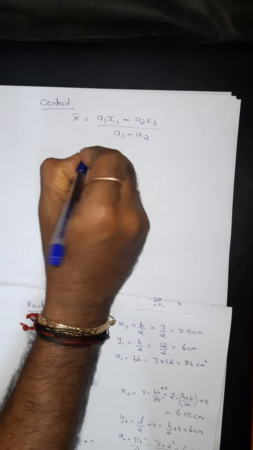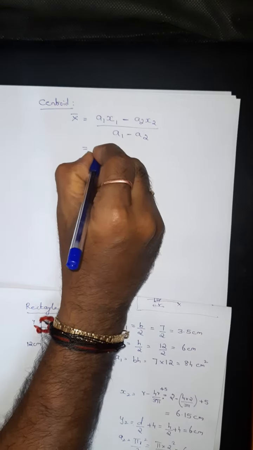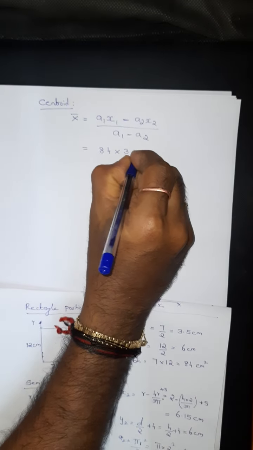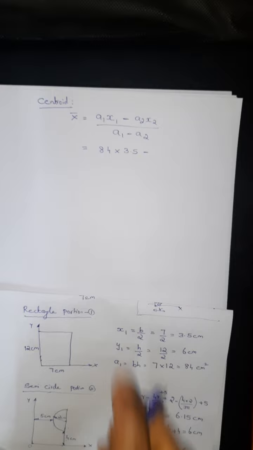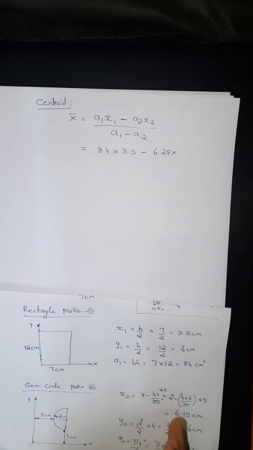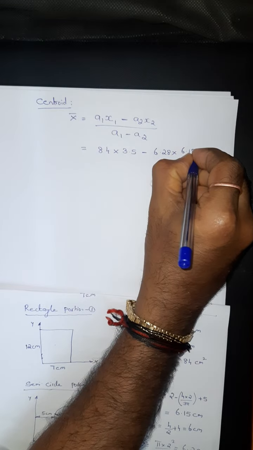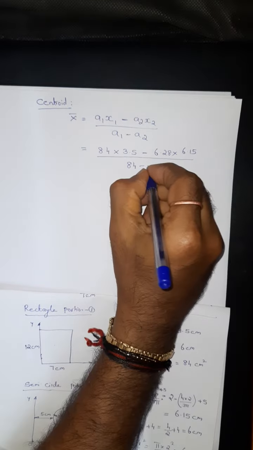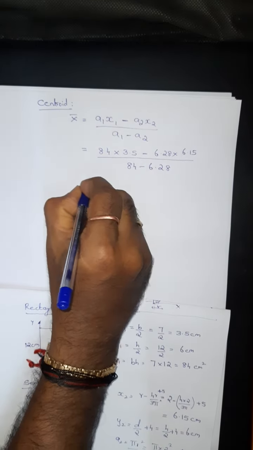Right. So now you substitute these values. A1 is 84 into x1 is 3.5 minus A2 is 6.28, x2 is 6.15, divided by A1 is 84 minus A2 is 6.28. Now substitute these values.